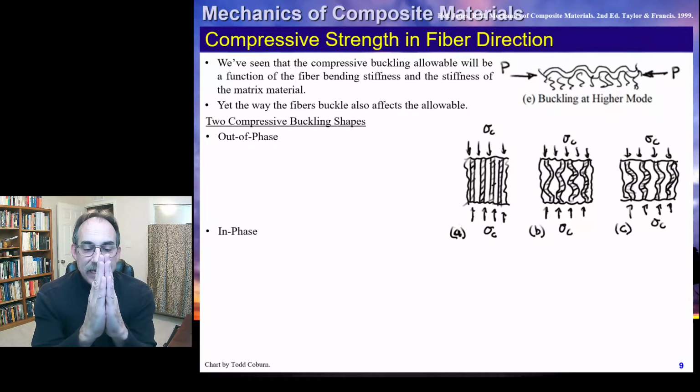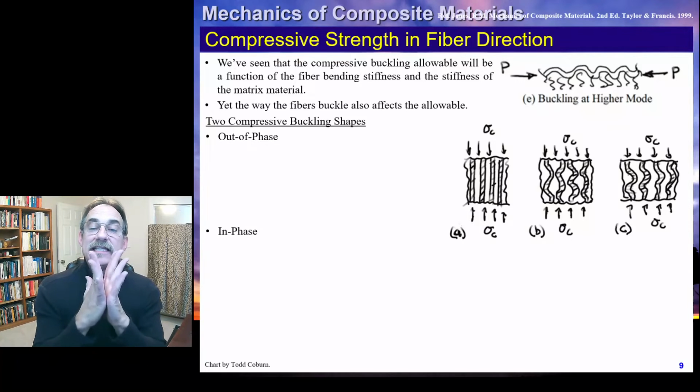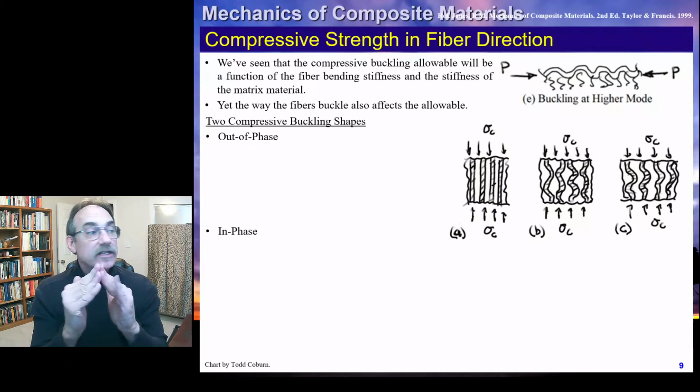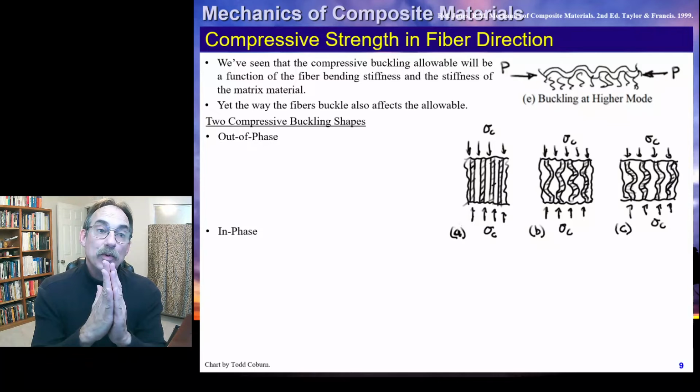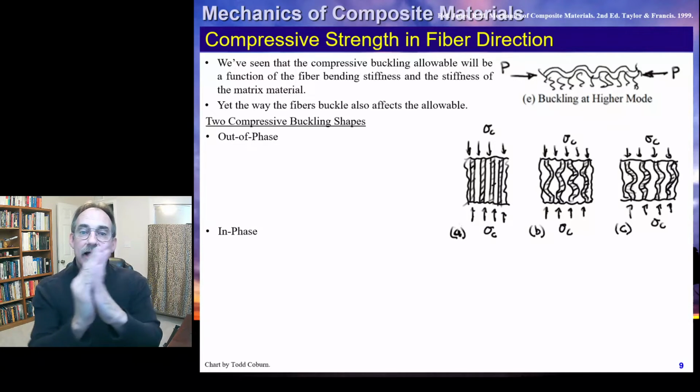Out of phase means we're going to be pulling tension on the matrix, then compression on the matrix, tension, compression, tension, compression. This is loading the matrix's extensional stiffness. So we're going to call that the extensional mode. The other one you see is going in sync.